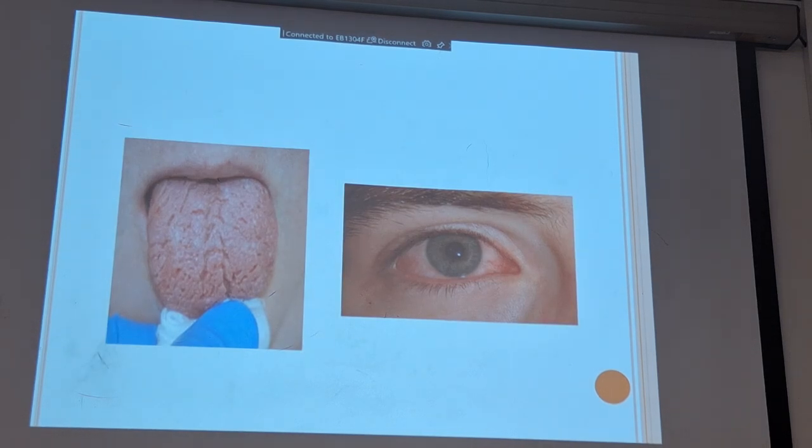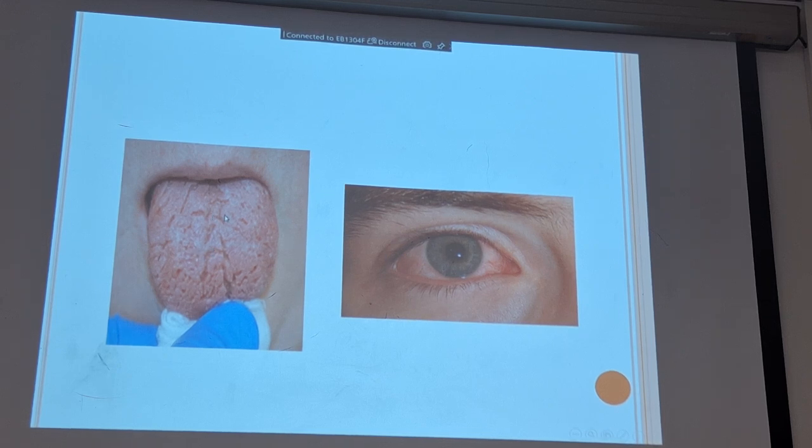In Sjogren's syndrome, you see keratoconjunctivitis due to dry eye, and here you see dry mouth. Lack of enough saliva causes dryness of the tongue and oral and nasal surfaces.